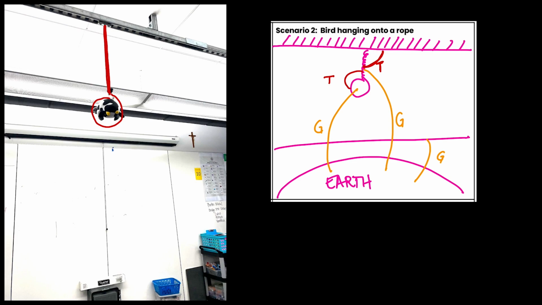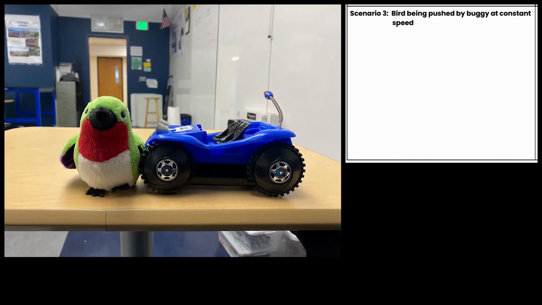All right, so now we've got our bird and the buggy. The bird is being pushed by the buggy. I couldn't show a better picture of the buggy pushing the bird, so if you want, you can take a look.